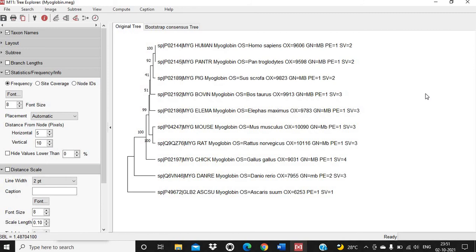So in this way, we can construct a phylogenetic tree using protein, DNA, or RNA sequences, and we can derive the evolutionary relationship among the organisms.